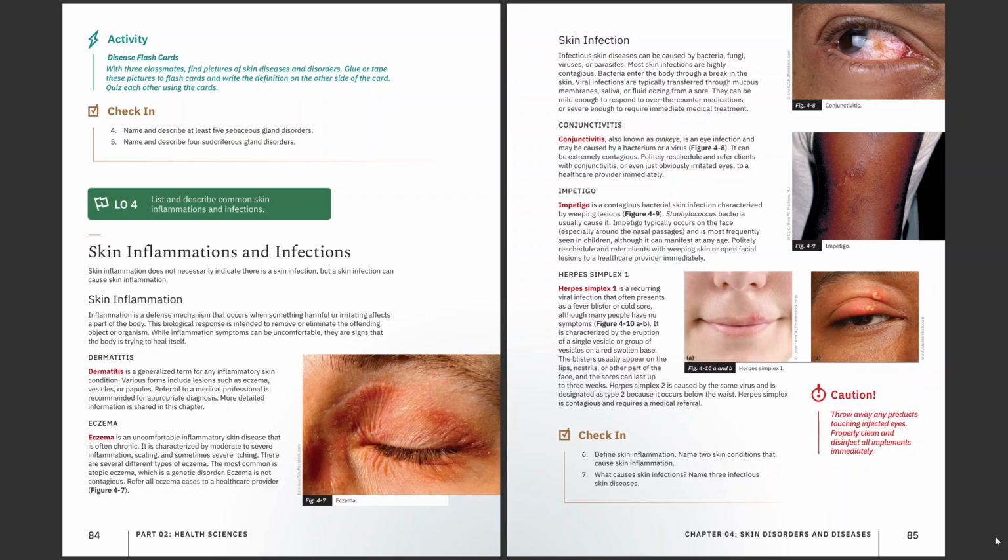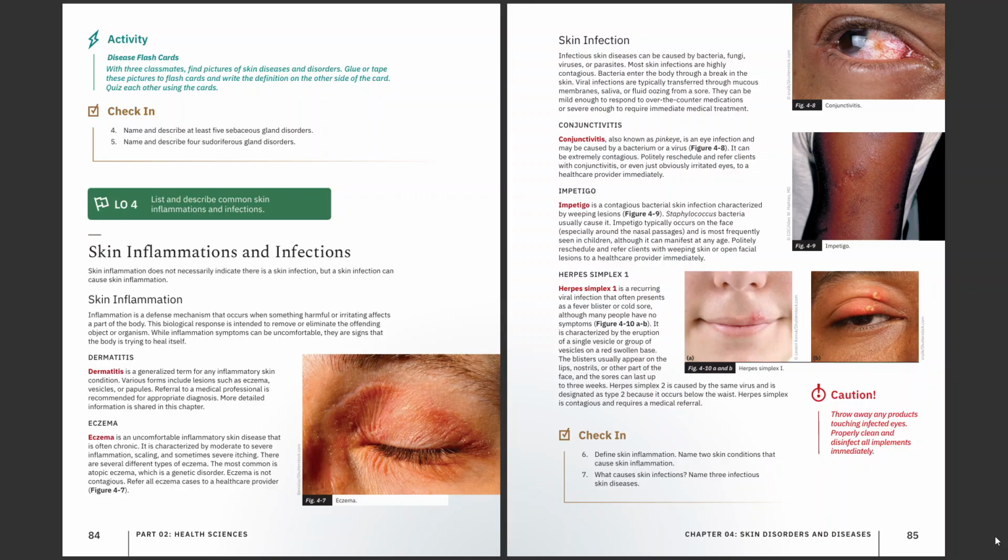Herpes simplex 1. Herpes simplex 1 is a recurring viral infection that often presents as a fever blister or cold sore, although many people have no symptoms. Figure 4-10 A and B. It is characterized by the eruption of a single vesicle or a group of vesicles on a red swollen base.